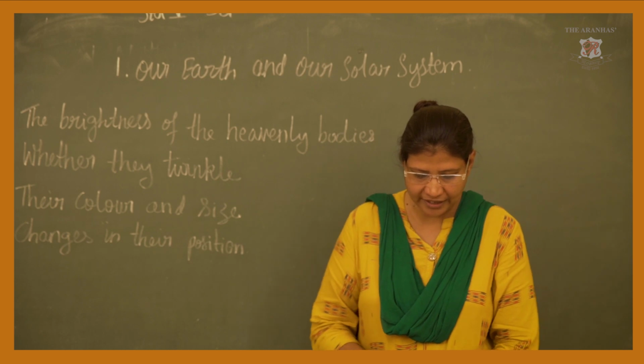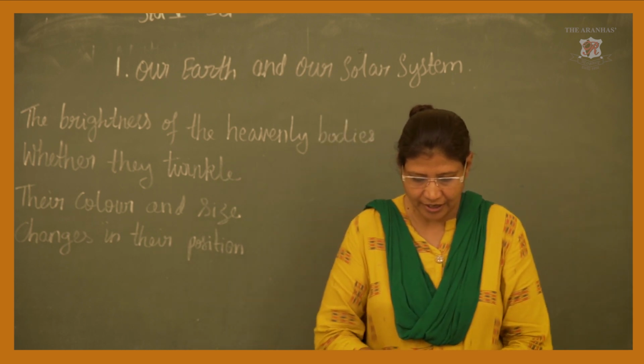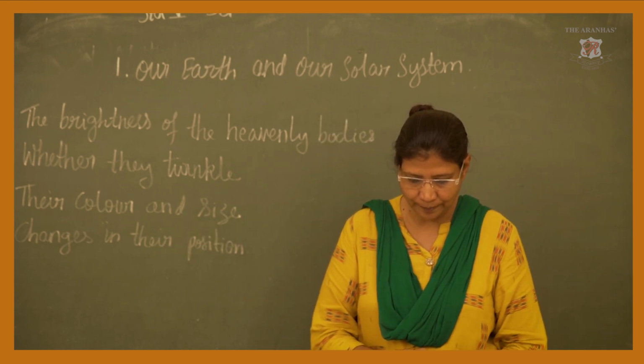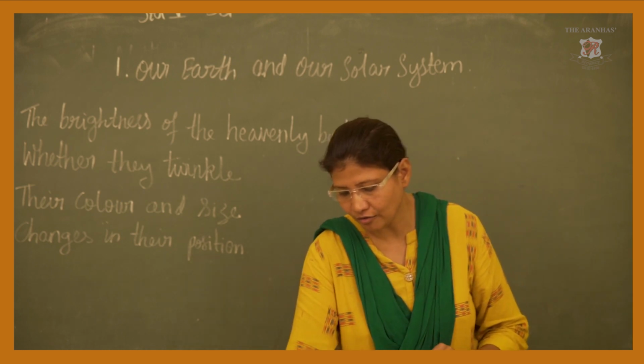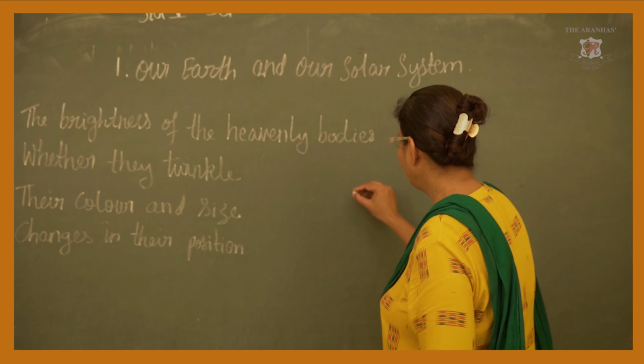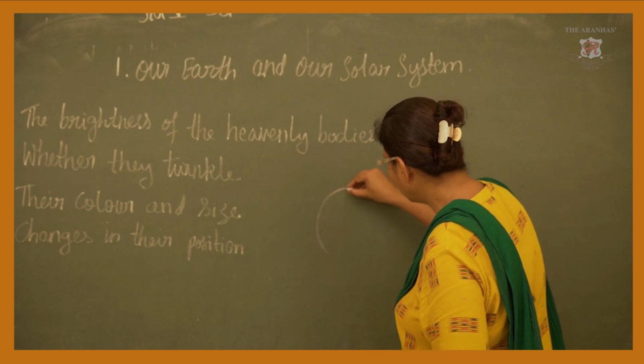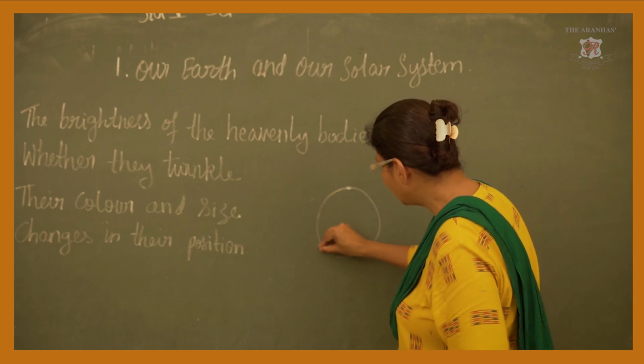Now, on both nights, draw a picture of the illuminated portion of the moon and note how it changes from day to day. For example, the shape of the moon you see in the sky is like this.